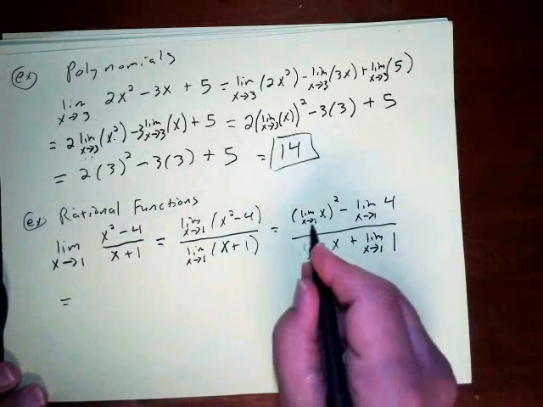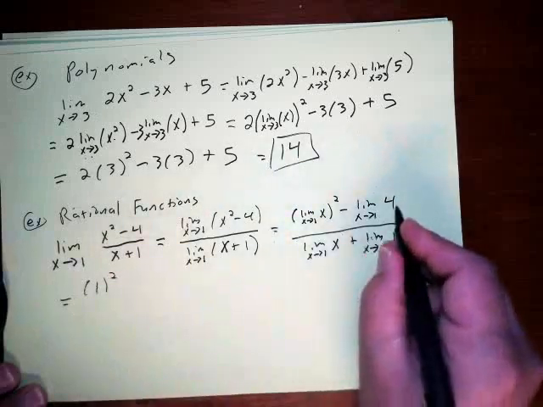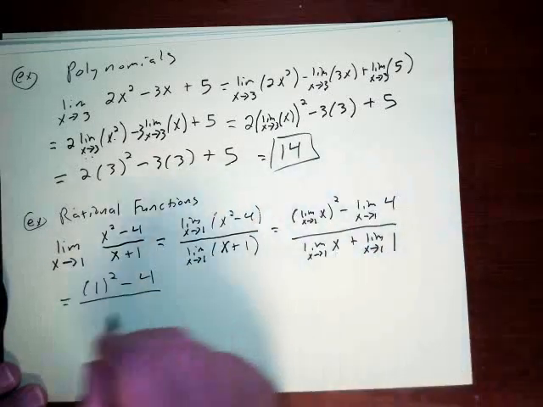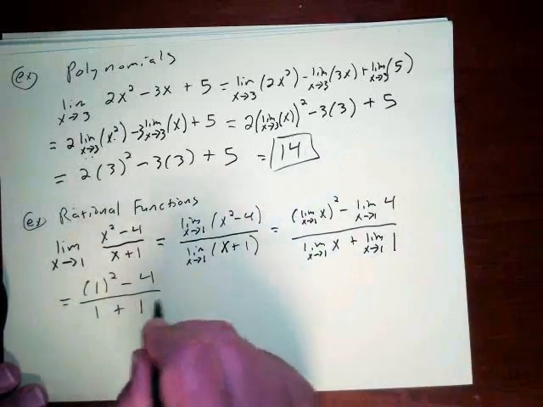And then this would just be equal to 1, so I'd get 1 squared. This would just be equal to 4 minus 4. This would just be equal to 1, and that would just be equal to 1.